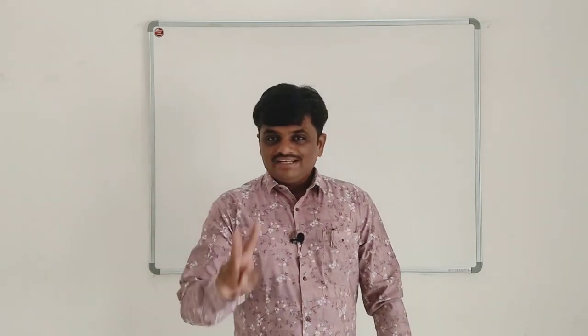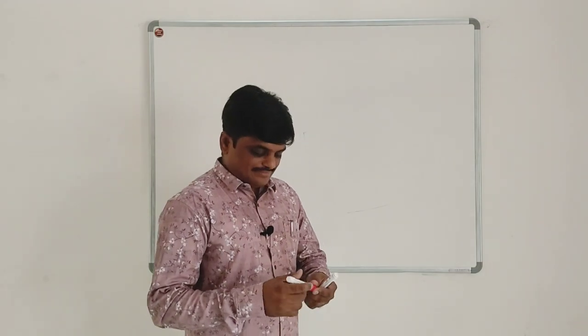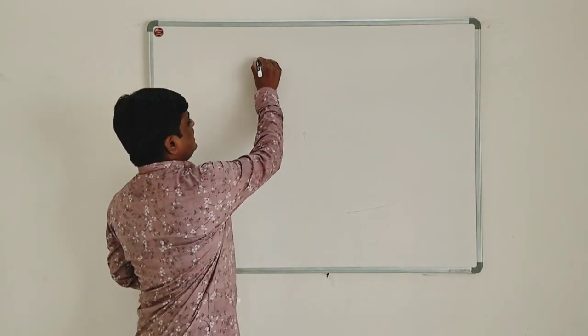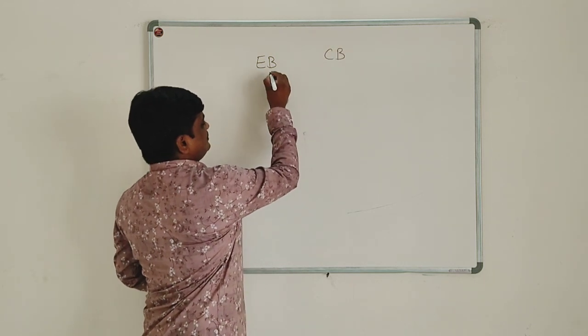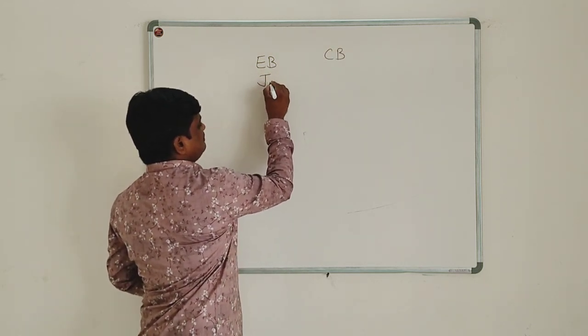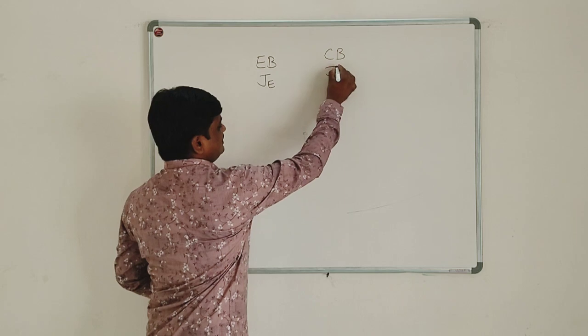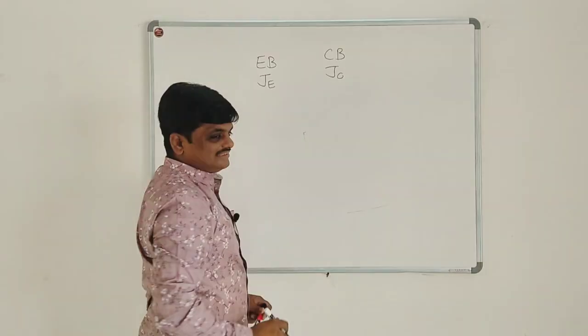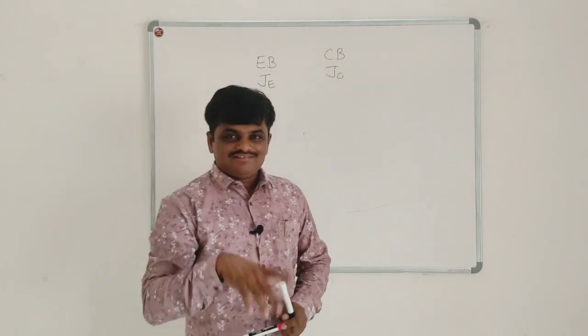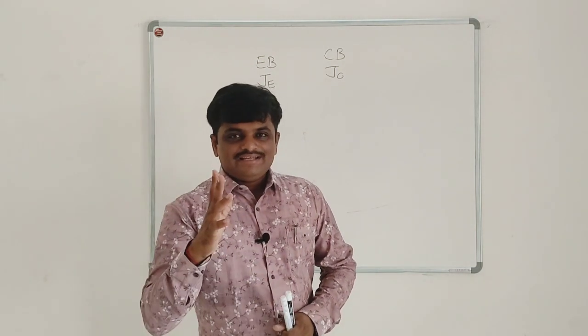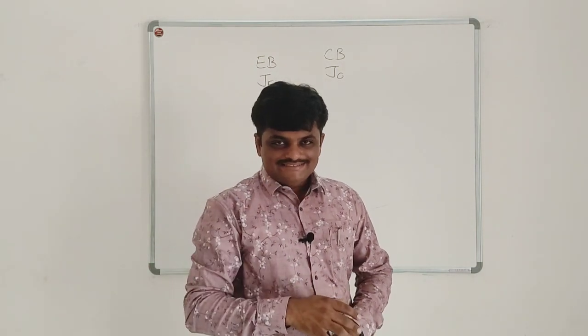In transistor, there are two PN junctions. One is between emitter and base, and the second PN junction is between collector and base. The emitter base junction is simply called emitter junction. Collector base junction is called collector junction. As there are two PN junctions in transistor, there will be four combinations.